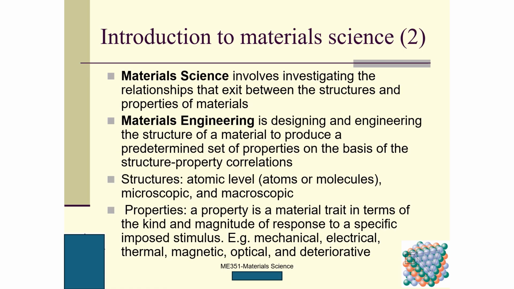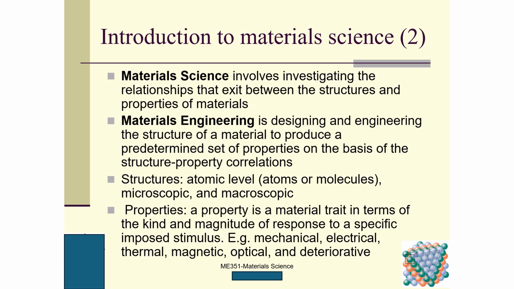Material science involves investigating the relationships that exist between the structures and properties of materials. Materials engineering is designing and engineering the structure of a material to produce a predetermined set of properties on the basis of structure-property correlations.